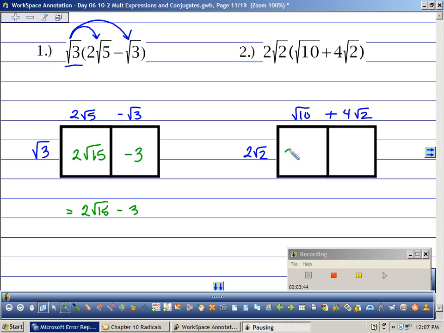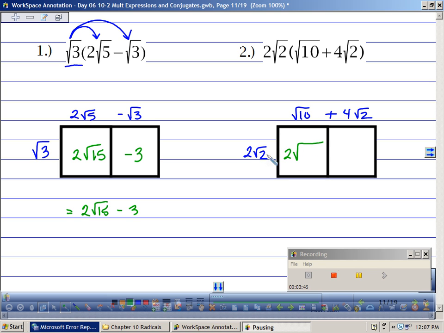I have 2 times, I'm going to find my squares as I'm multiplying. Root 2 times root 10 makes 2 squared times what? 5. I immediately factor it. I see a 2 and a 5 in there. I see a 2 in here, so I need to make sure I take into consideration that there's a square in there. We'll deal with it later.